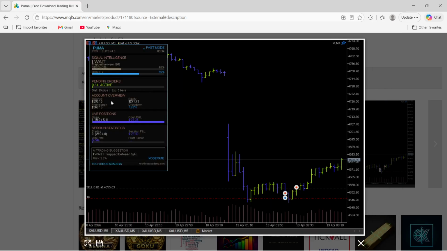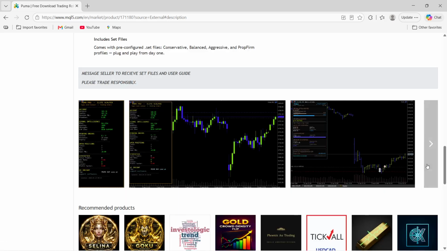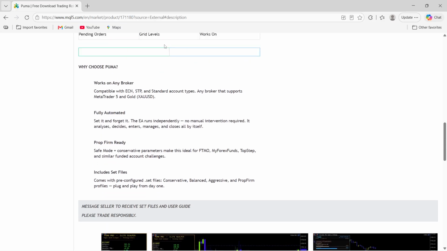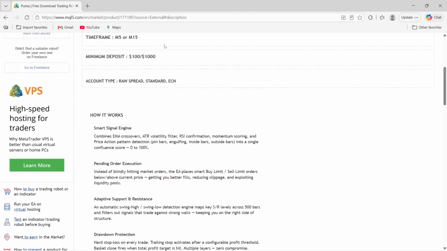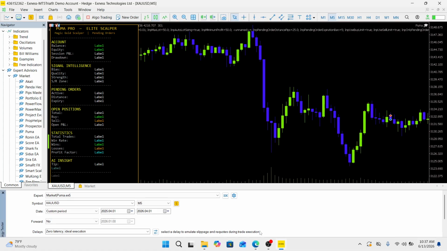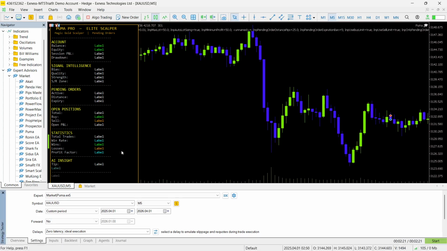So basically these are the screenshots we have from the developer. So let's quickly move over to my own personal testing of the EA and see if it's actually in line with all the claims the developer has made so far about it. Alright, let's get right into it. Opening up my MT5 account.